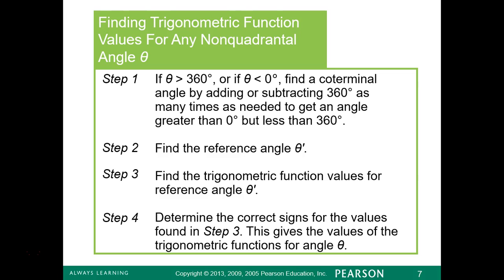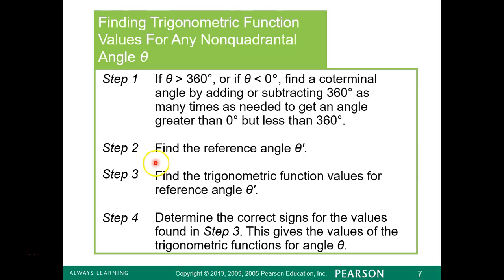So here's the first step. First, let me get my laser pointer. Step 1, if the angle is greater than 360 degrees or less than 0 degrees, first find the coterminal angle that is between 0 and 360. So add or subtract 360 as many times as you need to get an angle between 0 and 360.